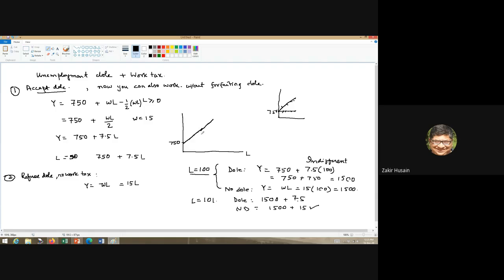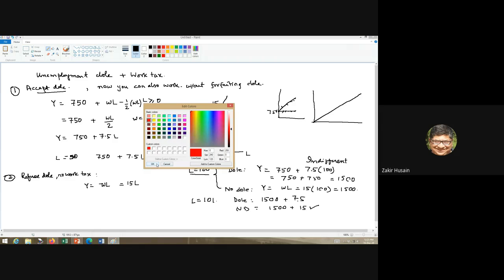Okay. So here, the slope was 7.5. Once you become, let us say 100, what is the slope? 15. See, in this range, you're always going to accept the dole. Beyond this, you're going to shift to the no dole curve. So the slope becomes 15. So basically, there are two functions. If you don't accept the dole, it will be like this.